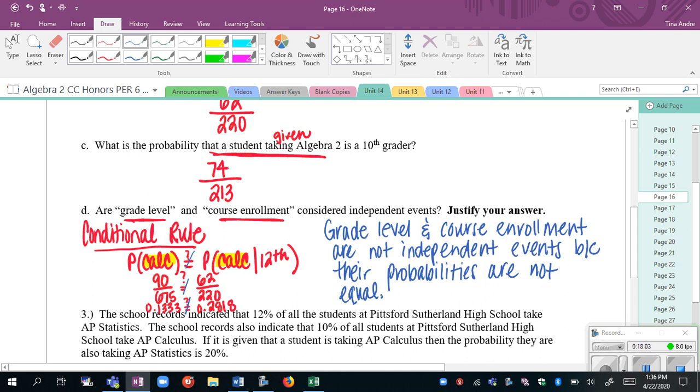So there you have a full test for independence, basically. You show your rule, you plug into it, you show that the decimals are not equal, or you show that they are equal, and then you write your conclusion.